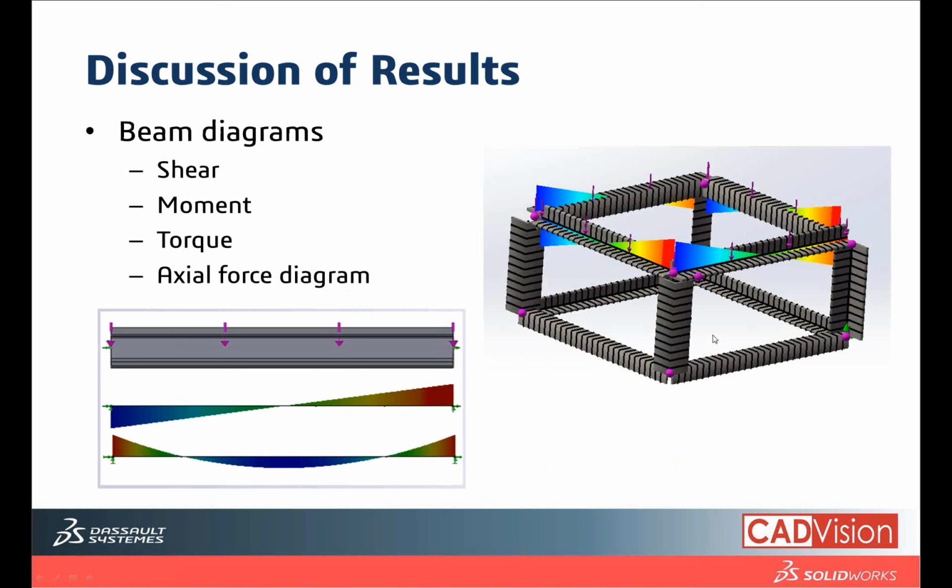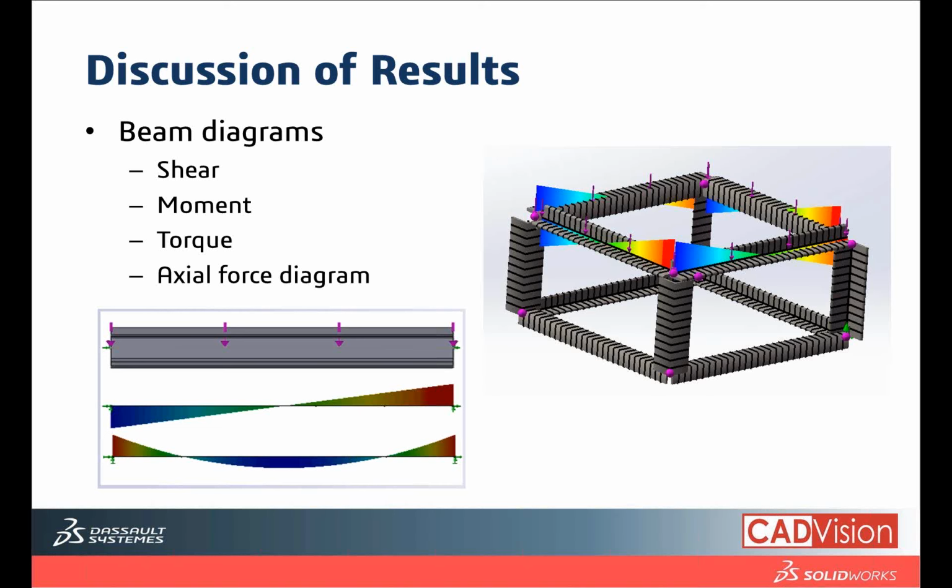Right. So of course, for beam elements, for weldment analysis, we can call out the beam diagram for each of these. The beam diagrams that we can call out are the shear diagrams along the beams, the moment diagrams, the torque diagram, and also the axial force diagram.